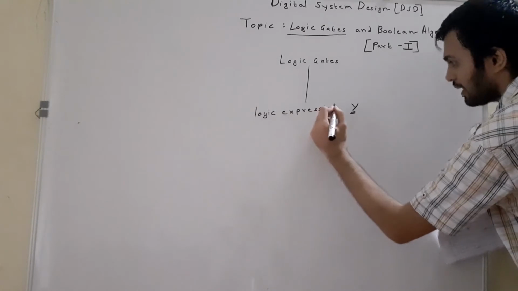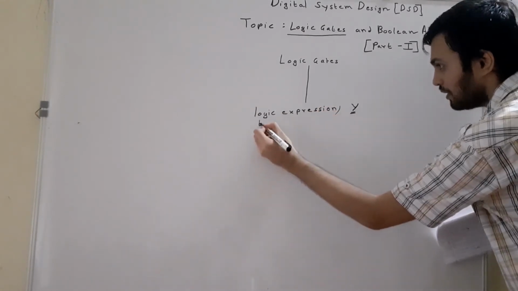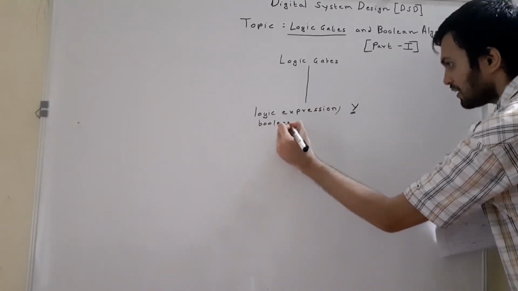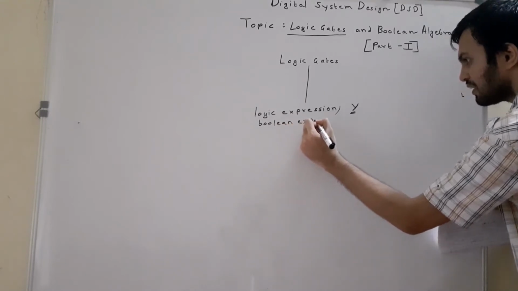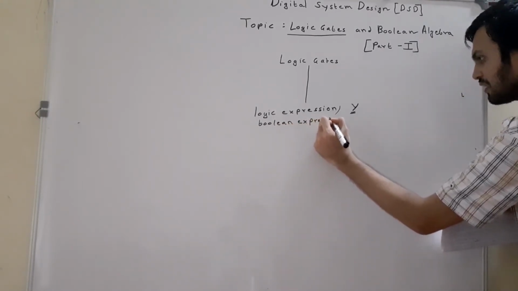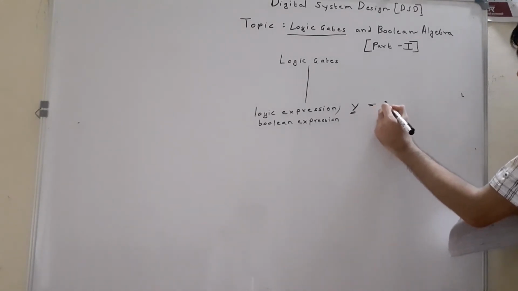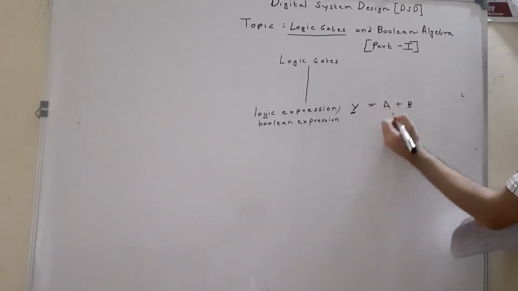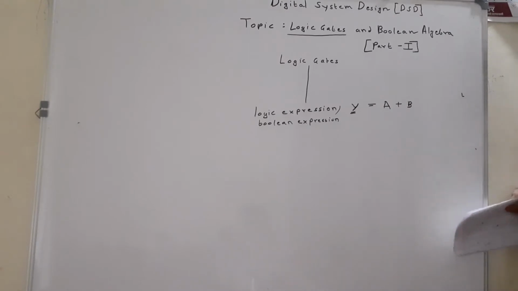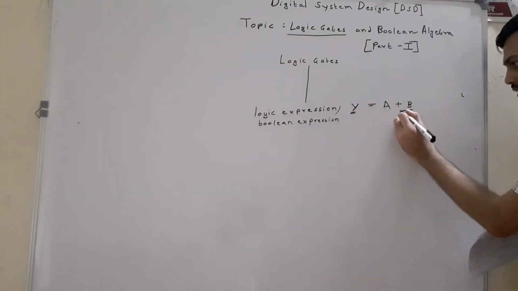The alternative term for logic expression is Boolean expression. So y is equal to a plus b. This is an example of a simple logic expression where I am performing logical addition.